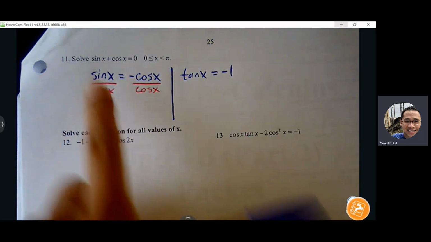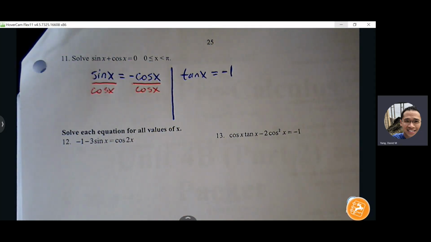So now, we couldn't really see a unit circle value out of the original equation, but once we rearranged it and adjusted into a different trig function, now this becomes more familiar, right? We know what that looks like, where tangent is equal to -1. It's in that pi over 4 family, right?